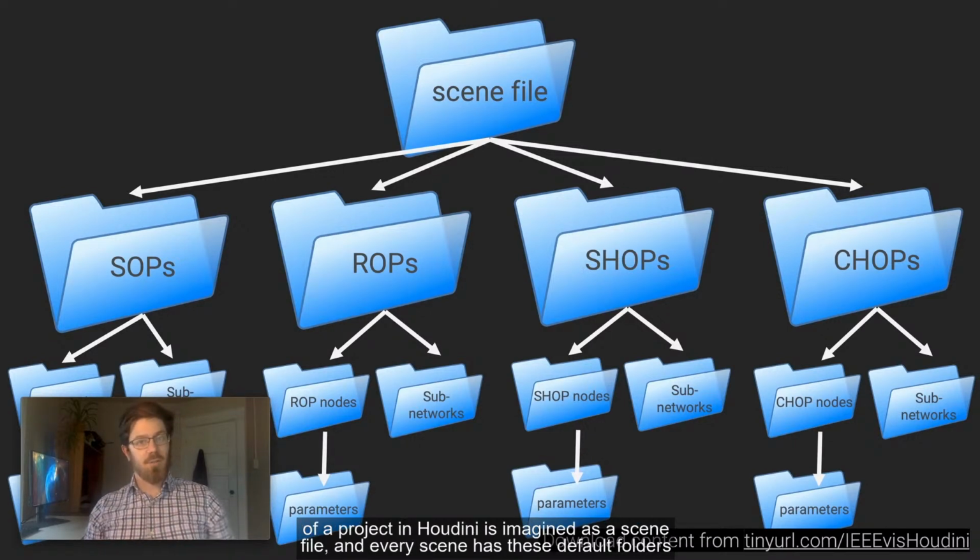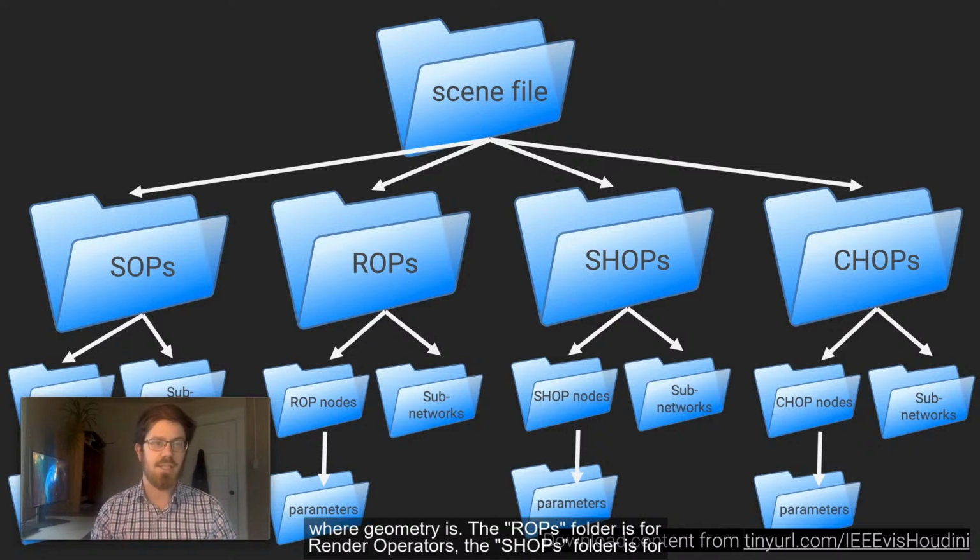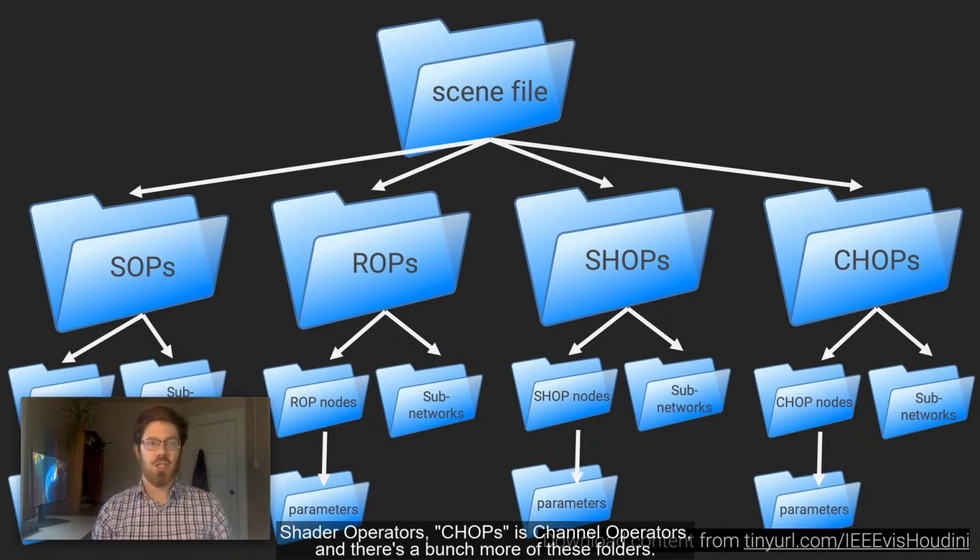The entirety of a project in Houdini is imagined as a scene file, and every scene has these default folders that you can visit. For instance, the SOPs folder is for surface operators, so that's where geometry is. The ROPs folder is for render operators. The SHOPs folder is for shader operators. CHOPs is channel operators, and there's a bunch more of these folders.